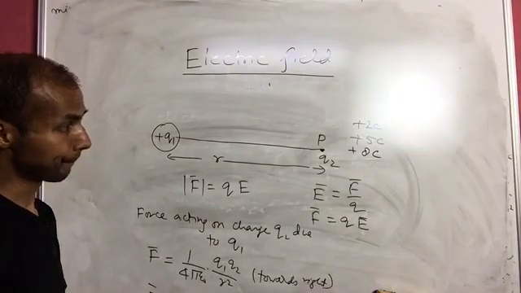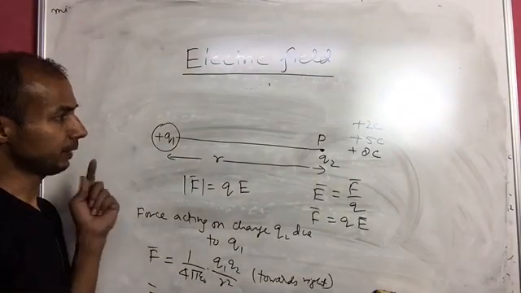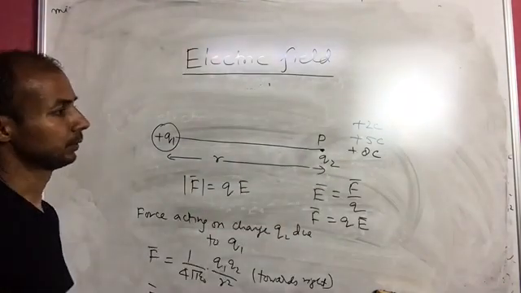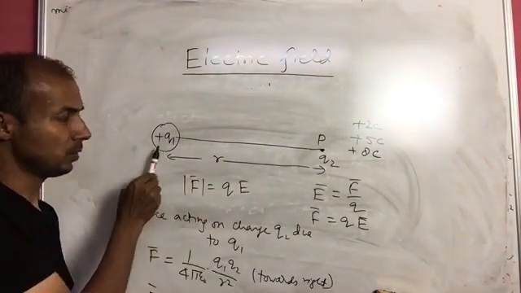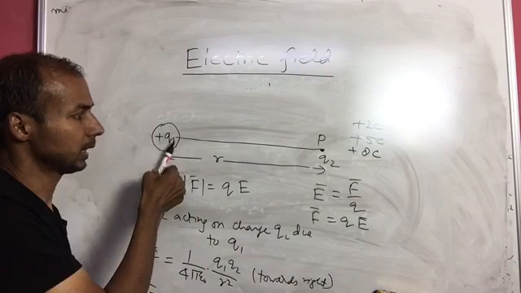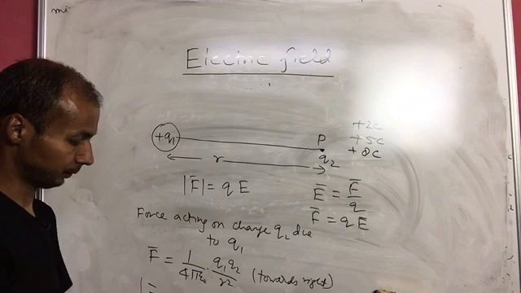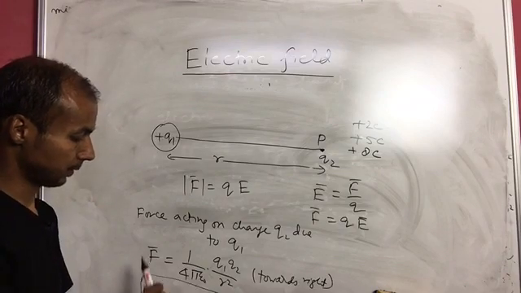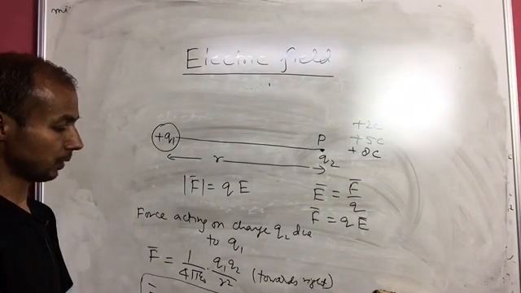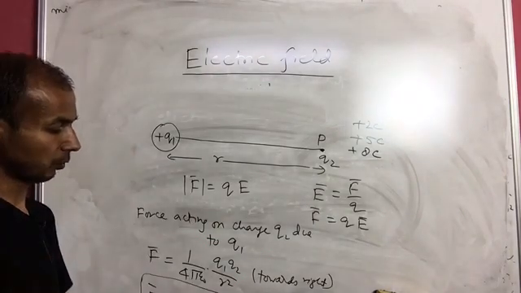Correct? So the value of electric field due to a charge at a distance r from it depends on the value of the charge and the distance of the point from that charge. So we say this 1 by 4 pi epsilon naught is constant, it depends on q1, it depends upon r square. So value of electric field due to charge q1 at a distance r from it will be 1 by 4 pi epsilon naught q by r square.